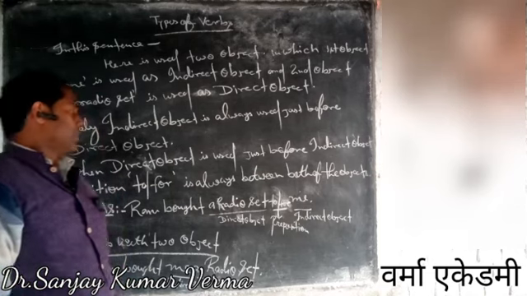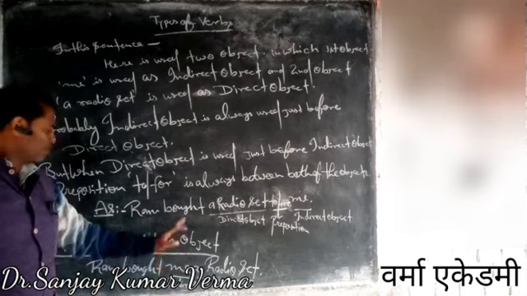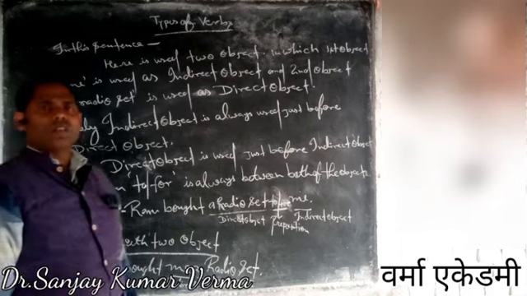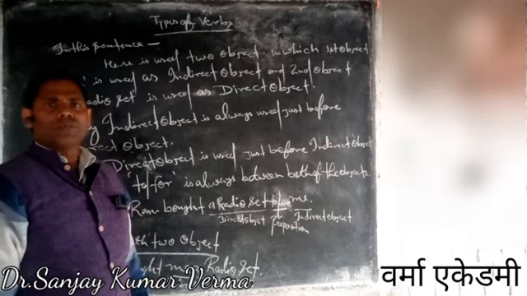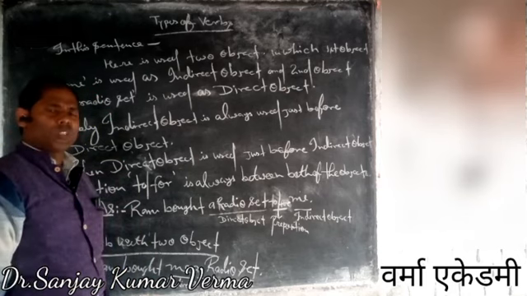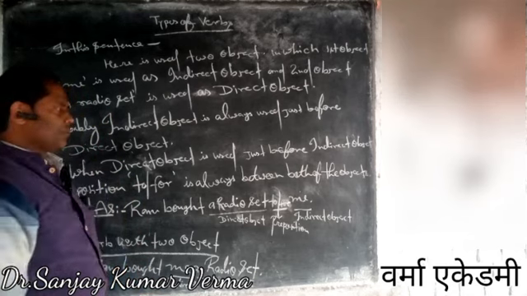But when indirect object is used just before direct object, the preposition to or for will not be used between both of them.